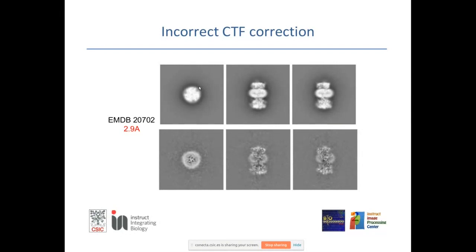This is not a criticism of this particular entry. There are many entries like this, and we all produce this kind of data with dark halos around. And it is well known that these dark halos are caused by an incorrect CTF correction.